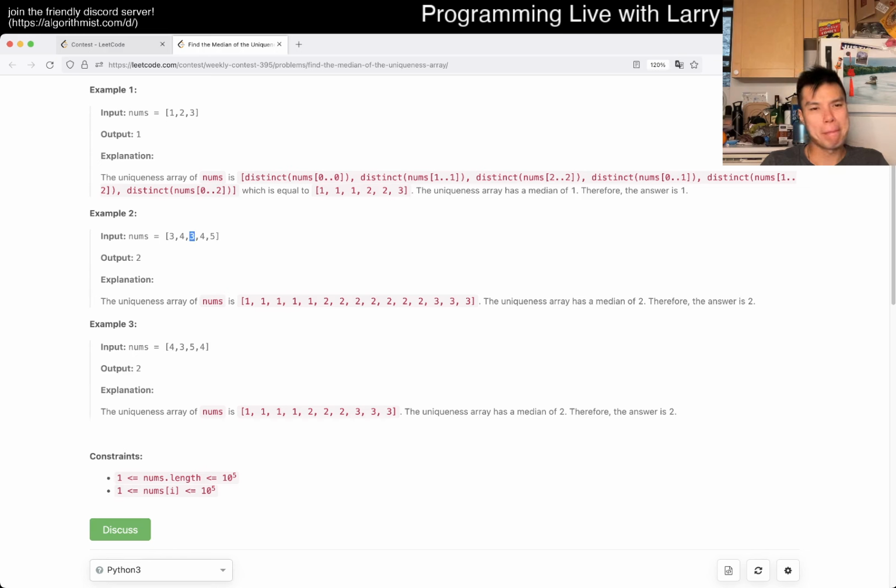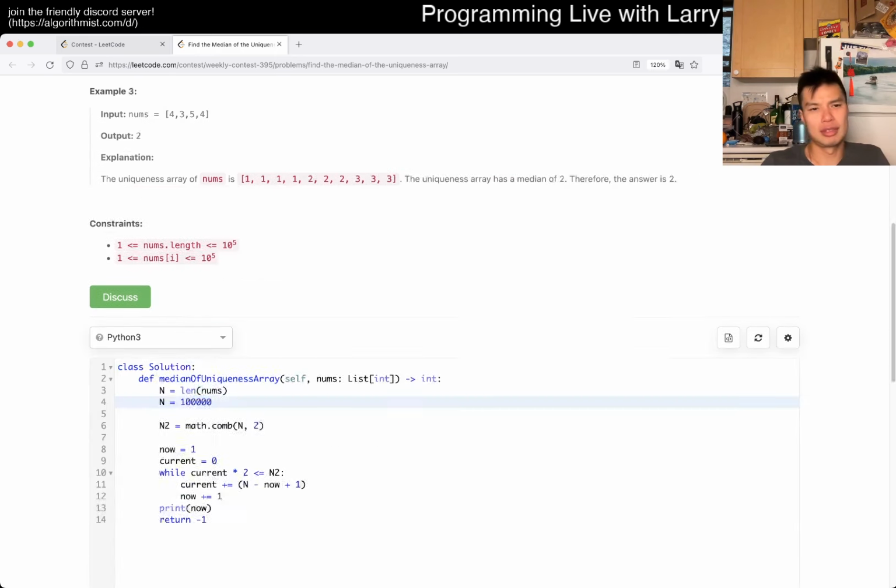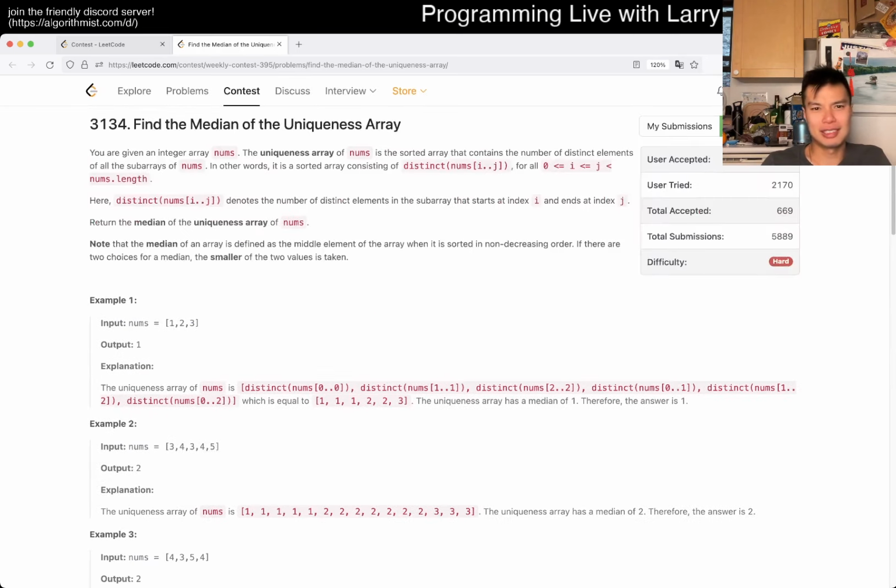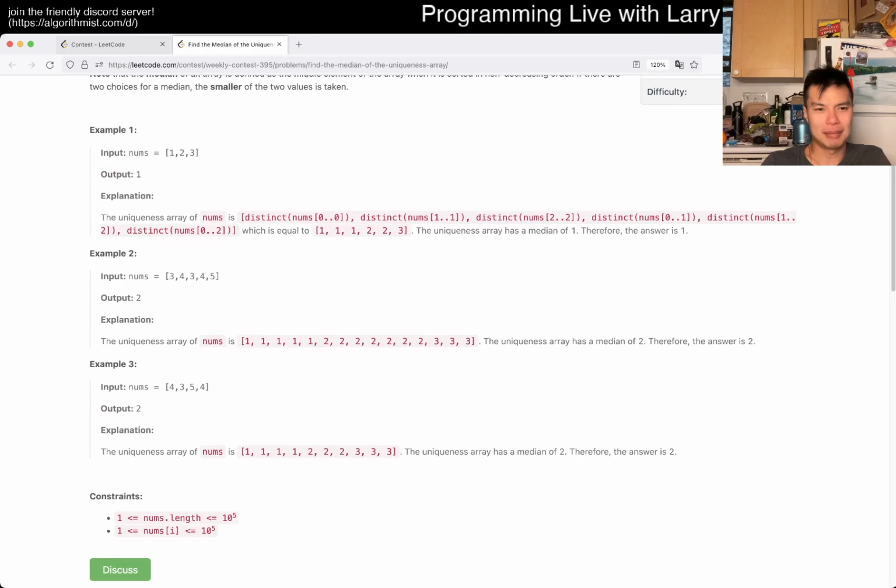The 3, 4 would have 1, 2, and then is there a sliding window answer? No. Man, I am stumped.